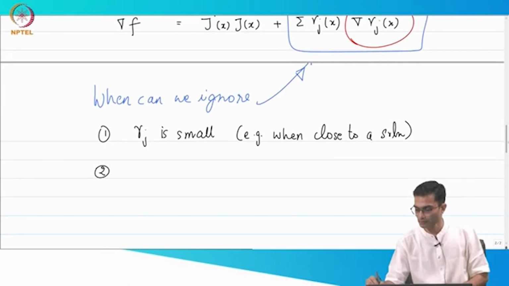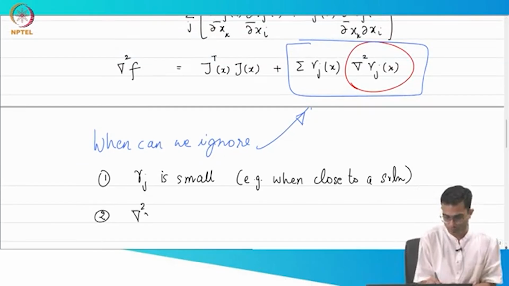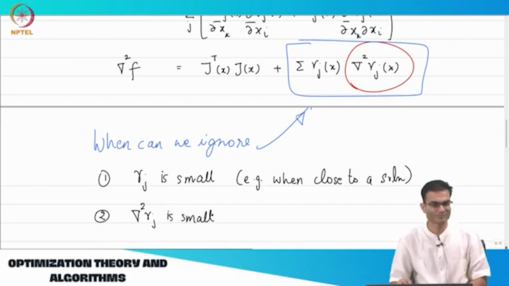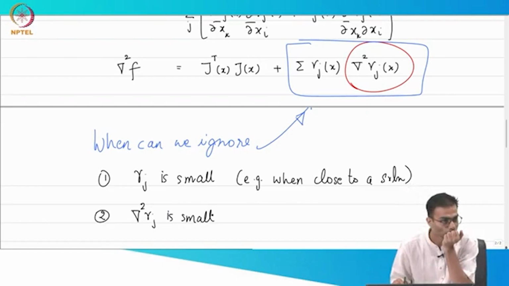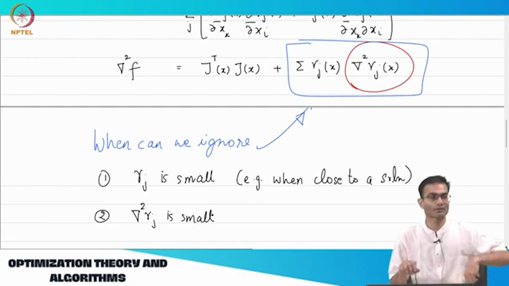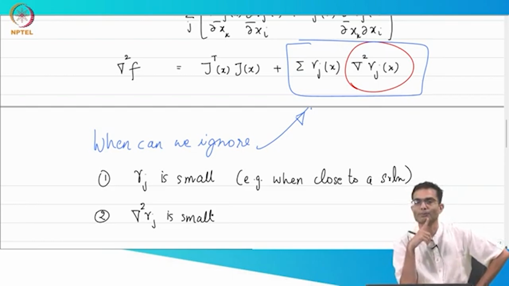Any other possibility? The second term, right? So when does this happen? When will del squared r be small? I mean, you already know the answer. If you were to take a common sense guess, when is this second term going to be small in magnitude, what would you say? Supposing your model was linear.